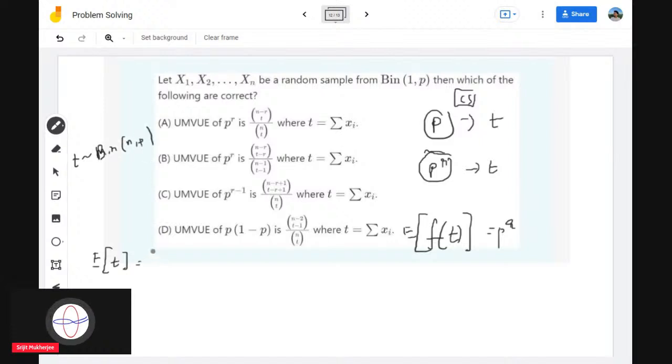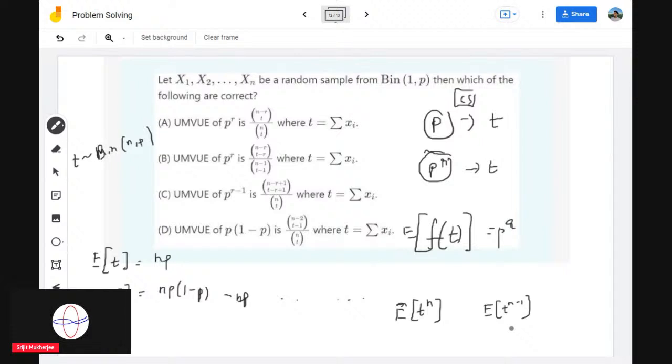So the expectation of T is np. The expectation of T square is also found by variance, right? np times 1 minus p, plus np squared. So you can find a pattern out there. You can find a recurrence relation actually. So find the recurrence relation of the expectation of T to the power n with the expectation of T to the power n minus 1. There is an easy recurrence relation.